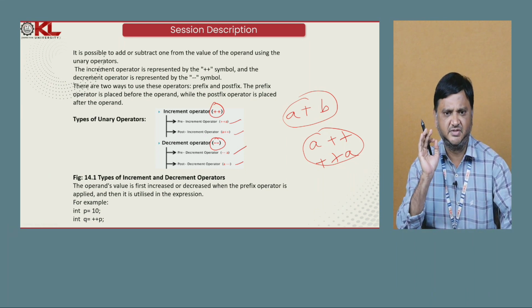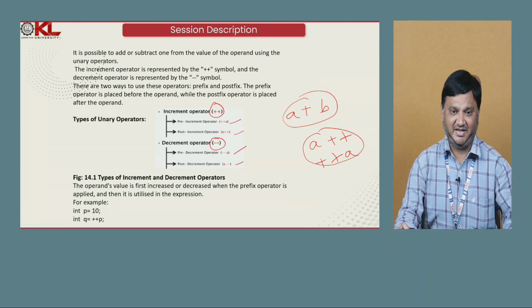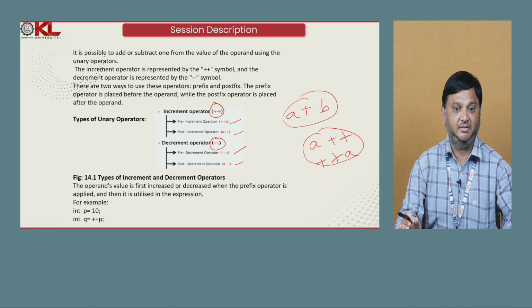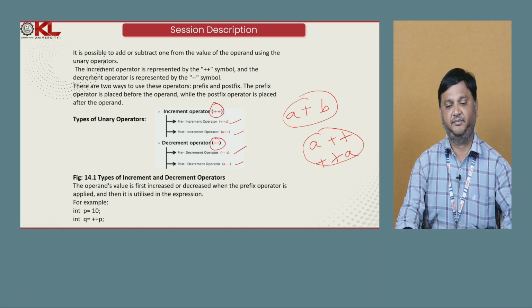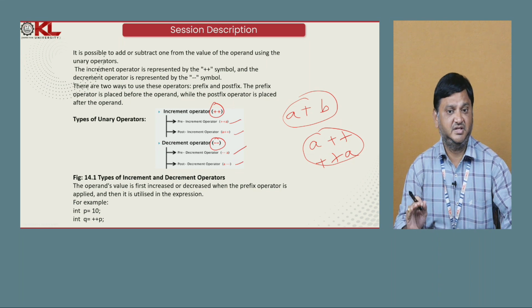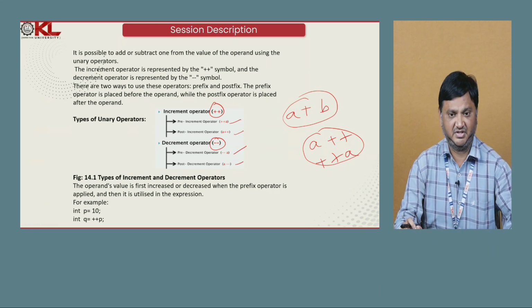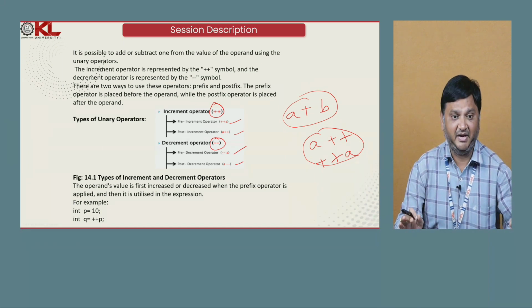I'll tell you with a small example, my dear students, so that you can understand the difference between pre-increment and post-increment. And remember one important point while learning these increment and decrement operators: if any question arises, just say that it is compiler dependent.